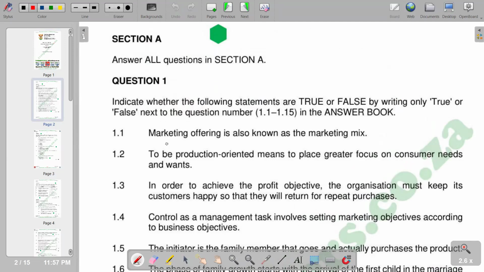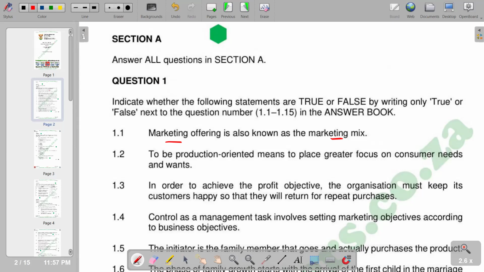Basically, when we're looking at the market offering, it is a product or service that a company provides to consumers to meet their needs. So we check the description of the marketing mix, which is a set of controllable elements or variables that a company uses to influence and meet the needs of its target customers in the most effective and efficient way possible.